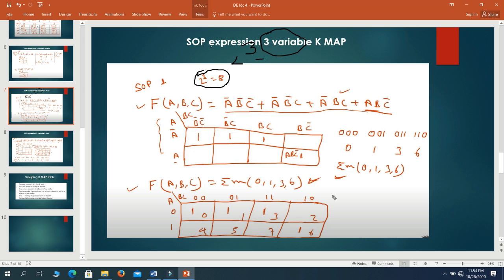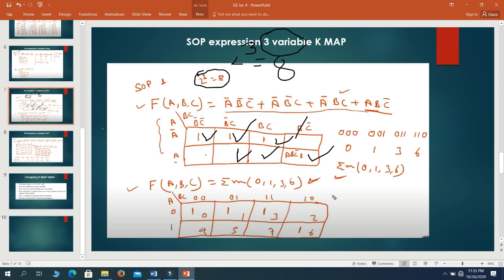So 2 cubed is 8, so there will be 8 cells. As you can see here, there are a total of 8 cells that we have formed: 1, 2, 3, 4, this is cell number 5, cell number 6, cell number 7, and cell number 8. This is how we can build 8 cells.